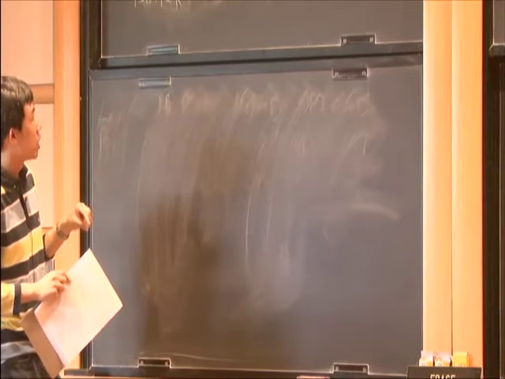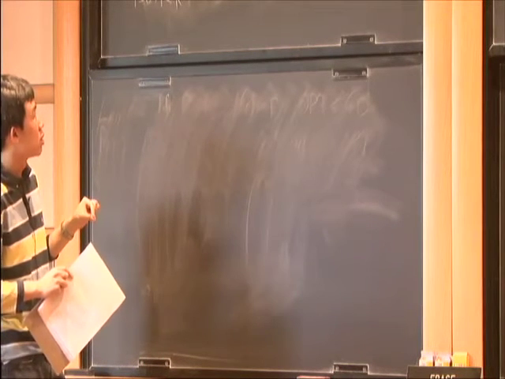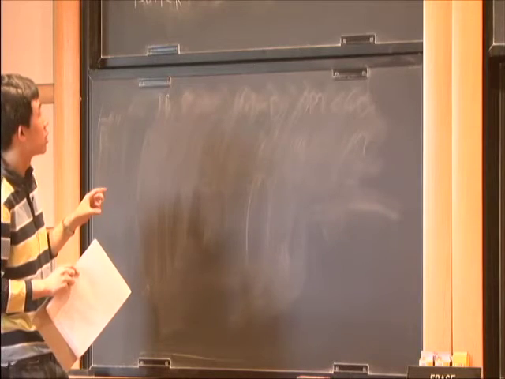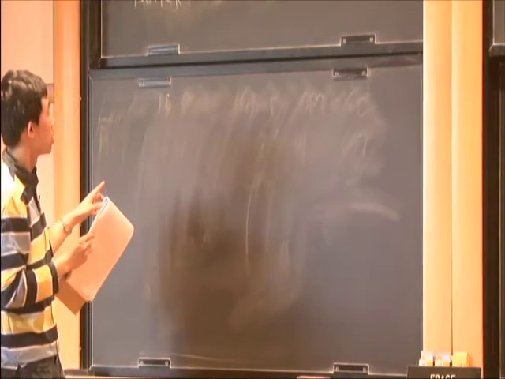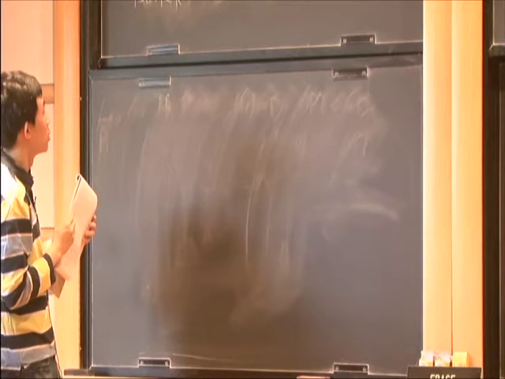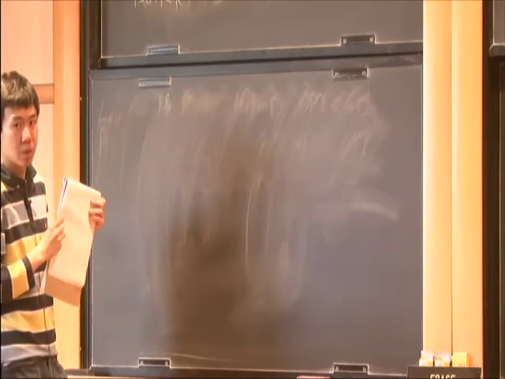Non-negativity constraint. You can say like VPR dot VQB is greater than or equal to 0. So let's see. Those are present in Lasserre. I don't think we need.